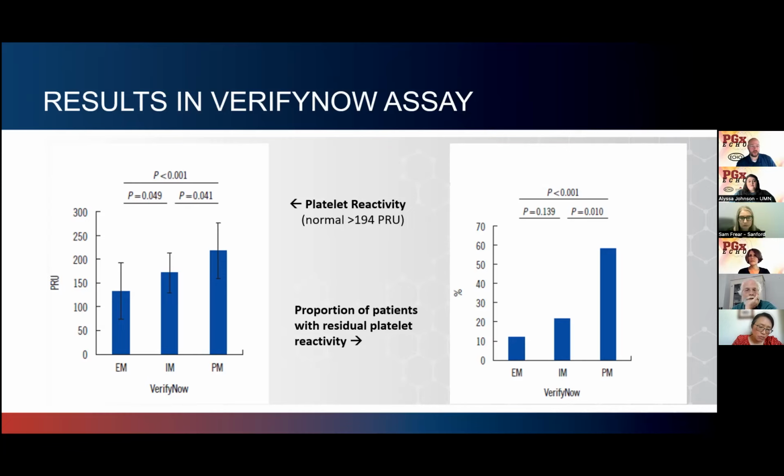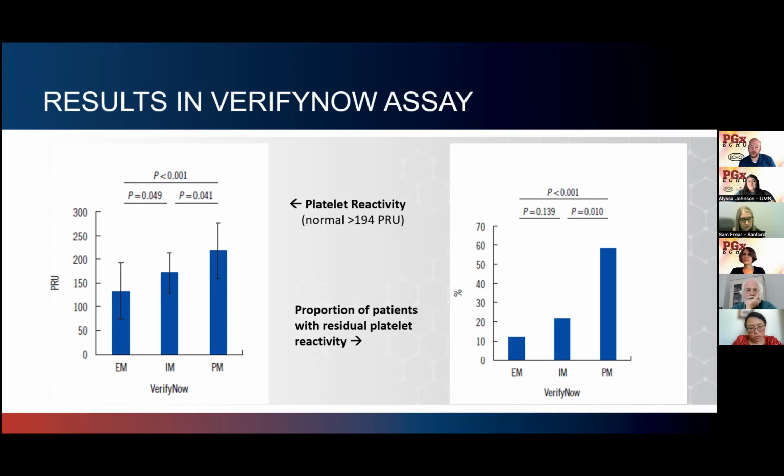If you're adding clopidogrel in a normal metabolizer, it's activating the drug, and you should see that platelet reactivity drop. Intermediates show a little less effect, and both the IMs are fringing on the normal range, and the poor metabolizers show right in the dead center. So they're not activating the drug sufficiently.